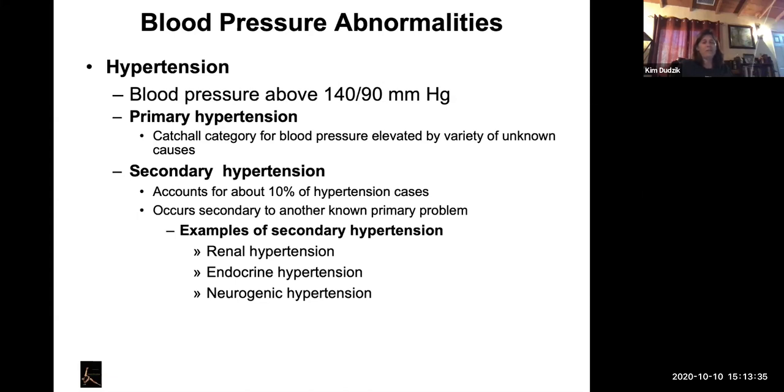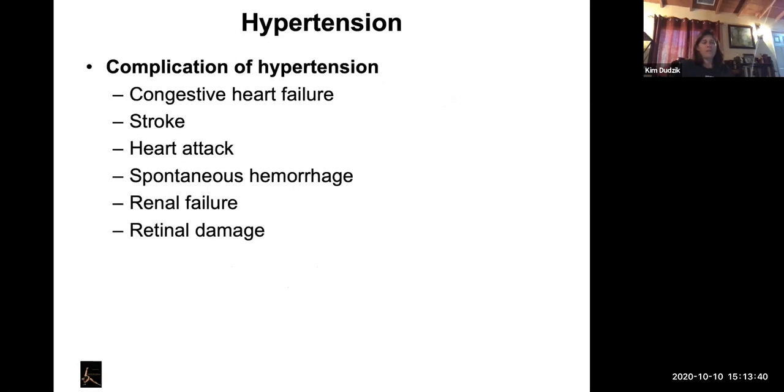And stress levels, usually a variety of unknown causes. A lot of it has to do with stress, and we still don't understand how stress fits into all of this, right? So hypertension can cause a lot of complications. If you don't control your blood pressure over time, this list can be your future: congestive heart failure, stroke, heart attack, and so on and so forth.